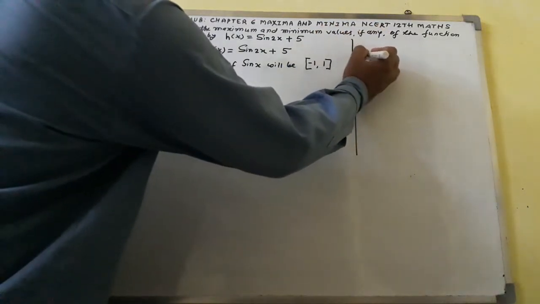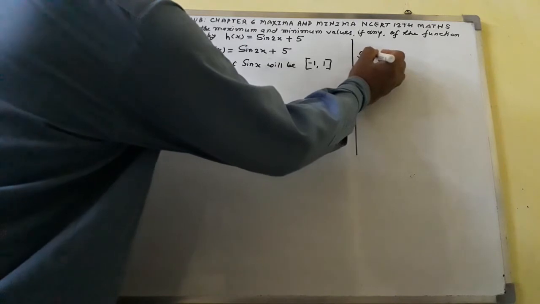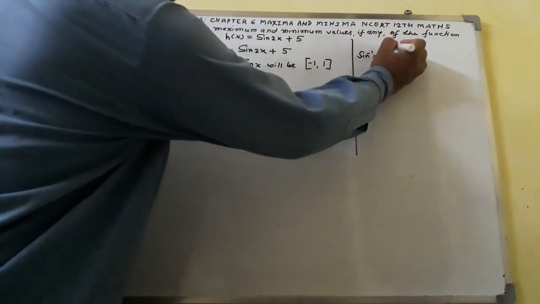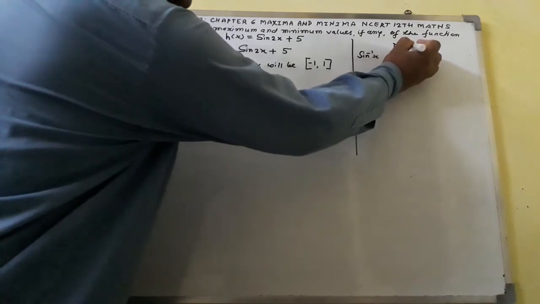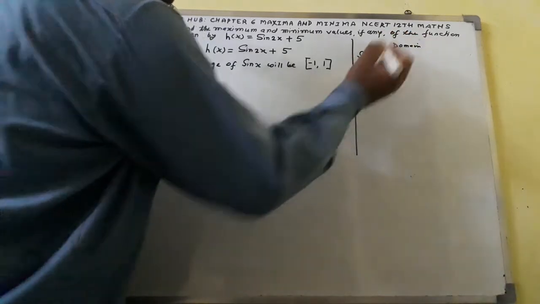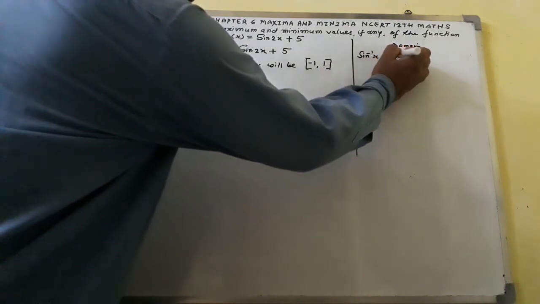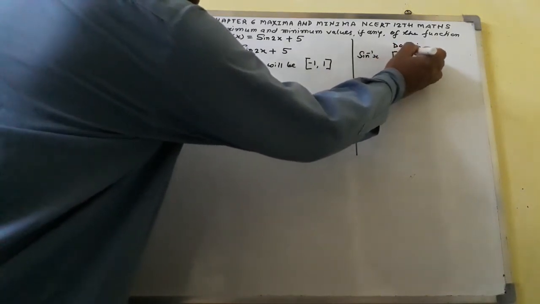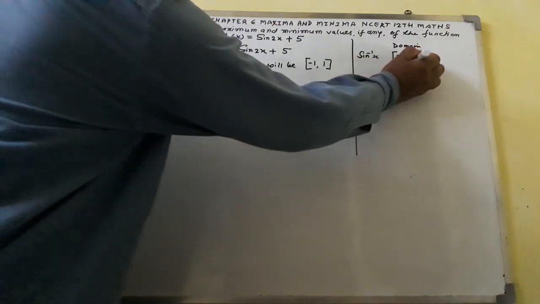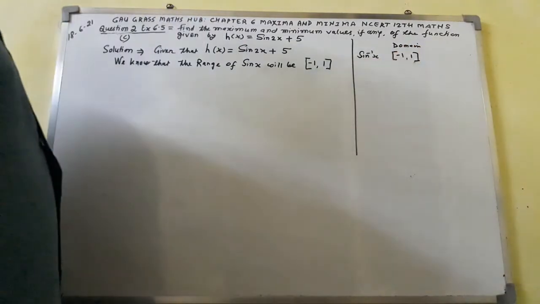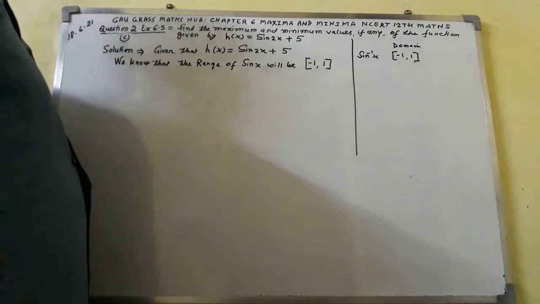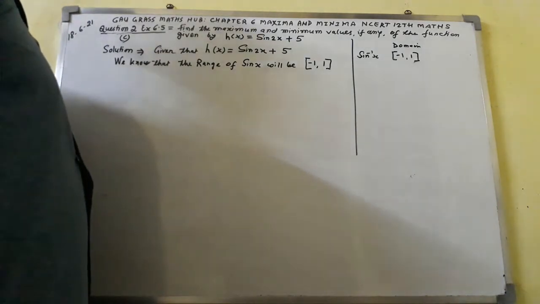Sin inverse x, here I shall write sin inverse x. Then you will get the domain: the closed interval -1 comma 1.